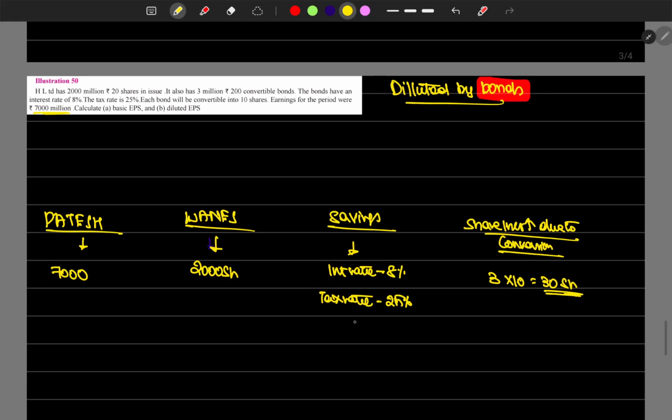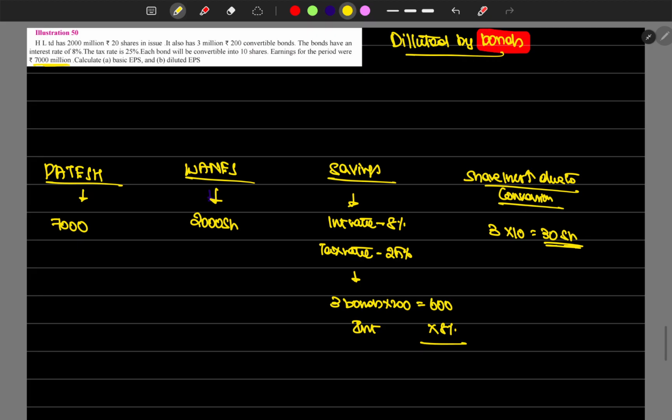Now we have to calculate the savings, how much we are going to save. There are 3 bonds into 200, which is 600 rupees into 8% interest, which is rupees 48. Okay, 48 is the interest amount, interest savings.